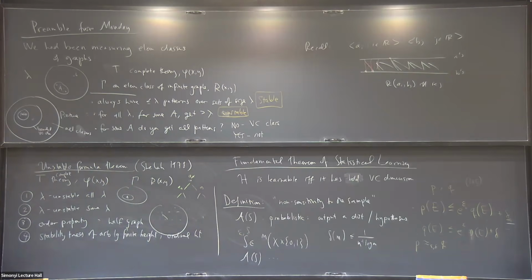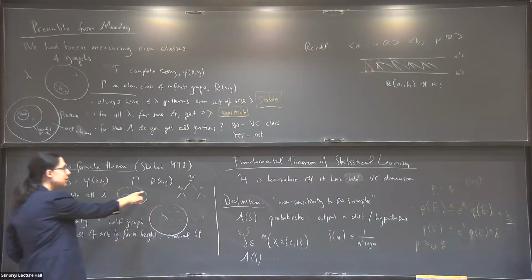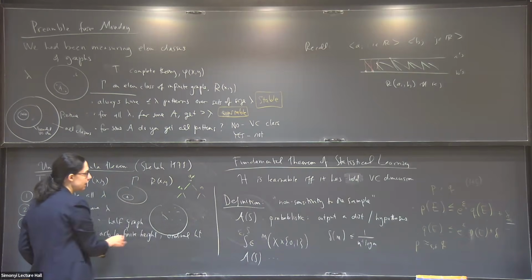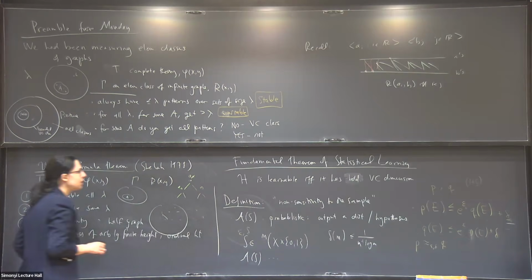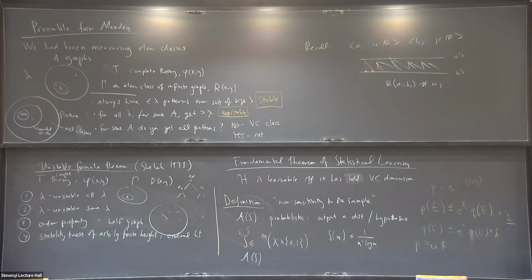So every path corresponds to a set of positive and negative instances, or connect and don't connect. And then you ask, is there an element that satisfies all of them for every one of the paths? So you have arbitrarily large half graphs if and only if you have arbitrarily large stability trees.